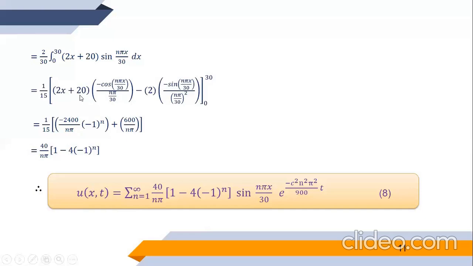So 20 and minus minus plus 36 into 2600 upon n pi, cos 0 is 1. So we get 40 upon n pi into 1 minus 4 into minus 1 to the n. So b_n is this.